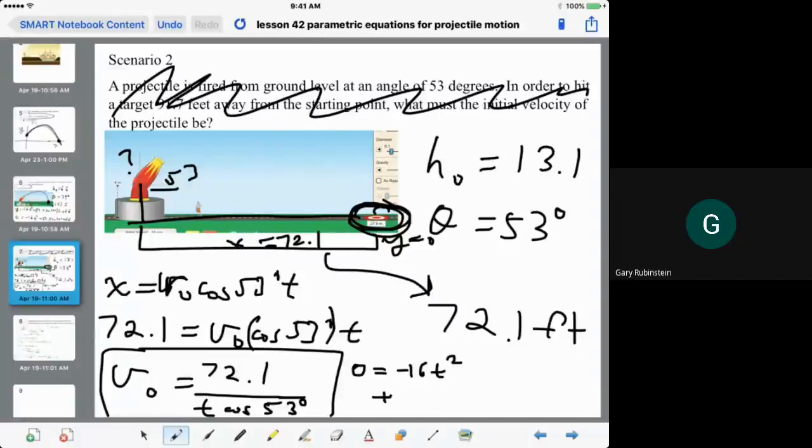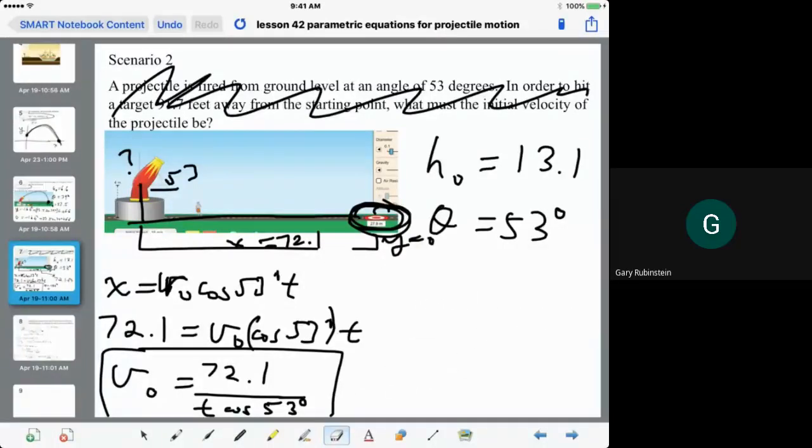Now, this is the most confusing term, and I'm going to erase to give myself a little bit of room here. So we have 0 equals negative 16 t squared plus it's V0 sine theta t.